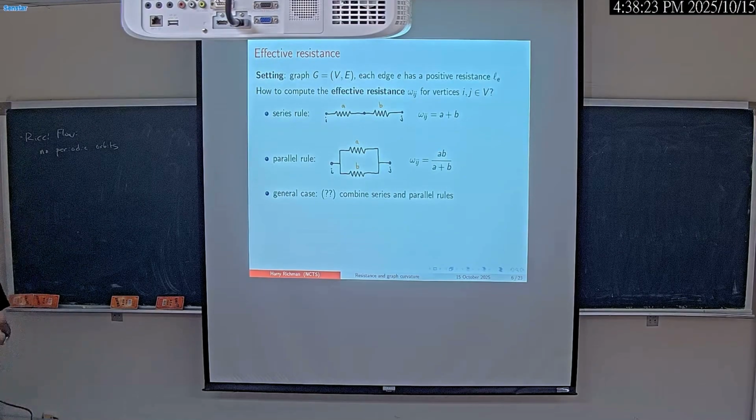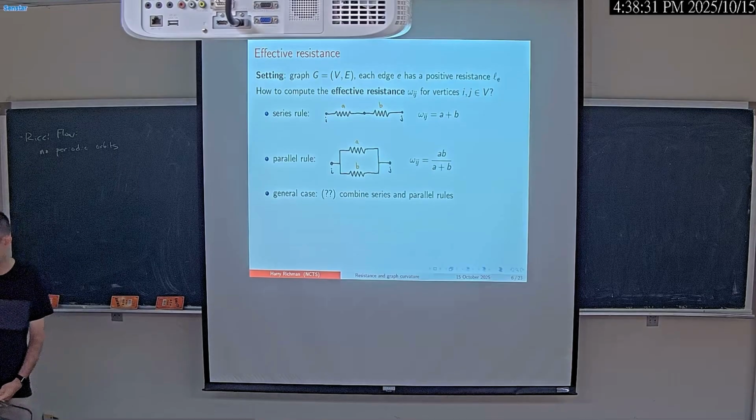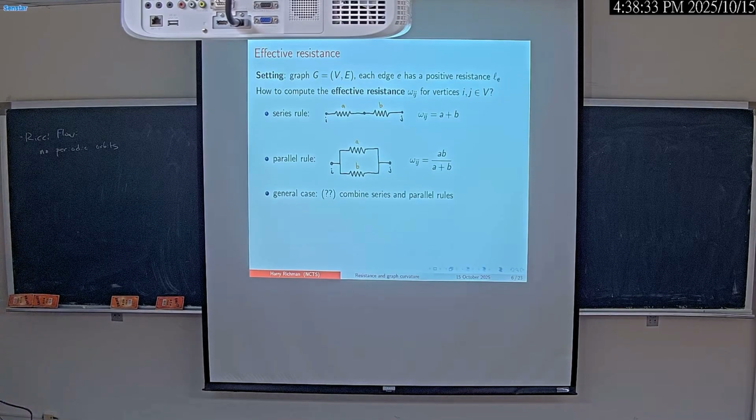So these are things that probabilists would care about. Right. So to now say a bit more about how you actually compute effective resistance. The first cases are these simple ways to combine two resistors at once. So we can combine them in series like this, in this first figure. And if we combine two resistors in series, their overall resistance will just be the sum of the individual resistances.